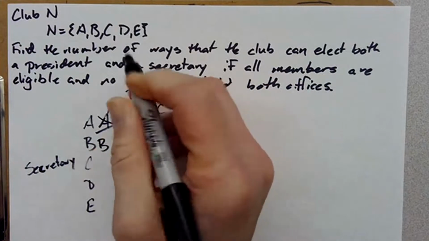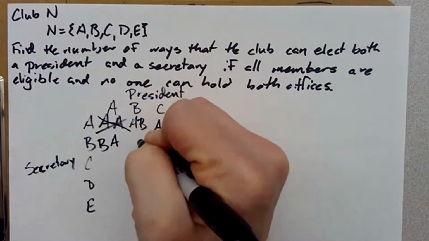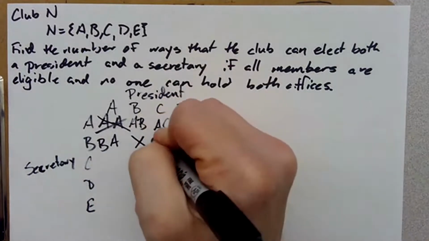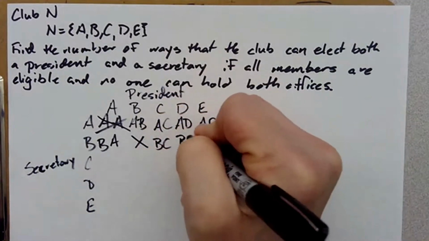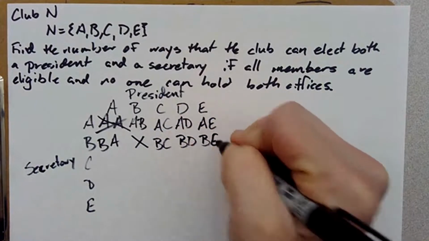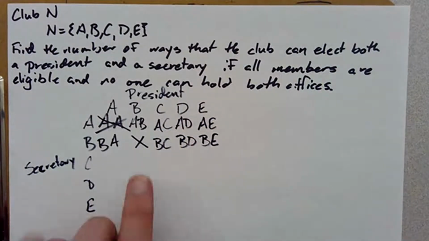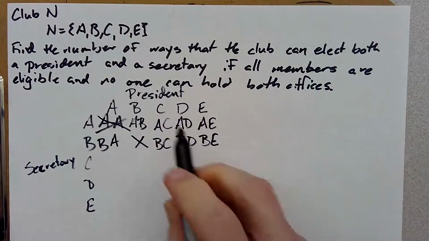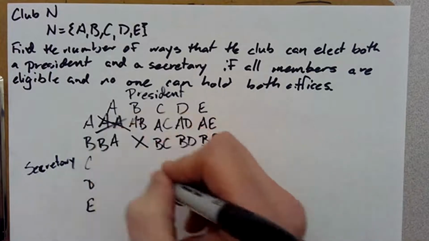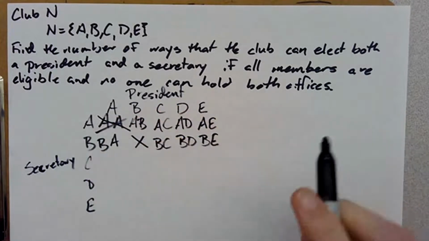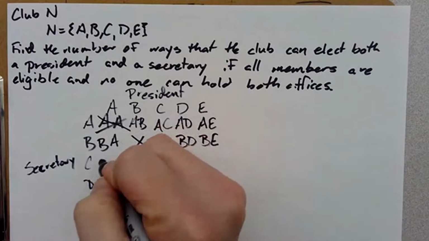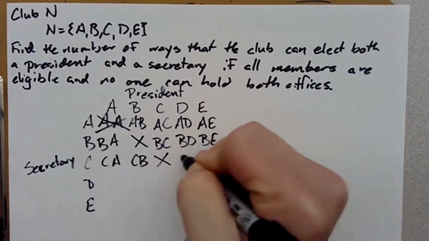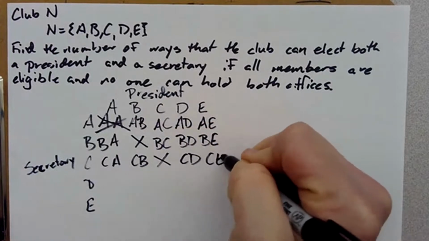And Bill could be president with Alan secretary, but Bill can't be both president and secretary. And what we see here is that there are 4 possibilities per row. One of the possibilities is eliminated because a person can't hold both positions. CA, CB, not CC, CD, CE.